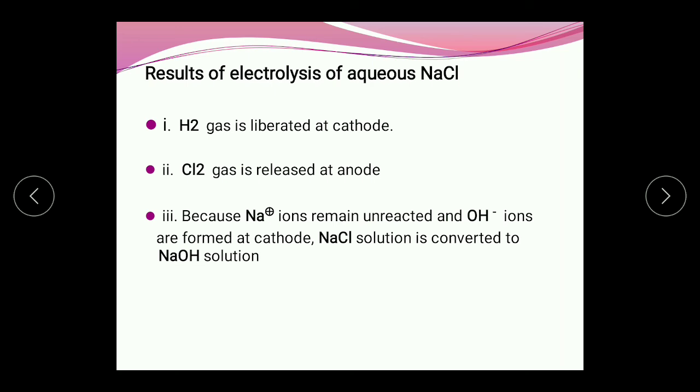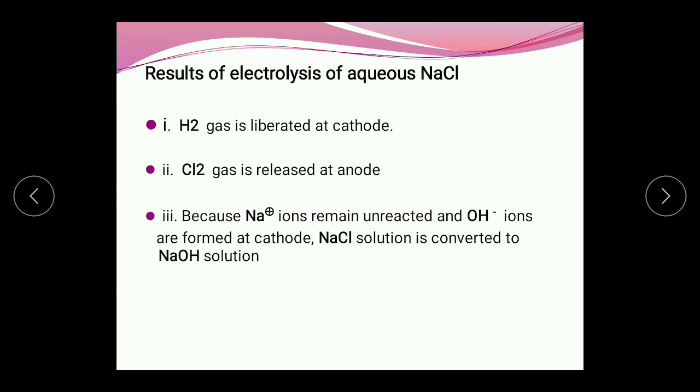Both are at the cathode, hence they combine to form NaOH. Hence the NaCl solution gets converted to NaOH solution. So this is the result of electrolysis of aqueous NaCl: hydrogen gas at the cathode, chlorine at the anode, and the container contains NaOH solution.